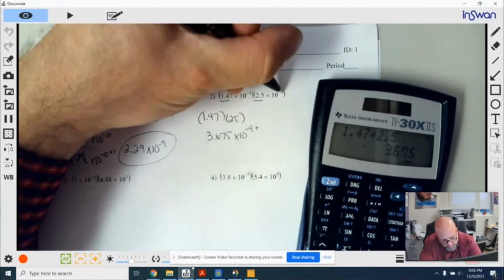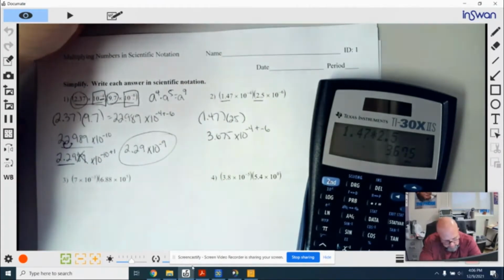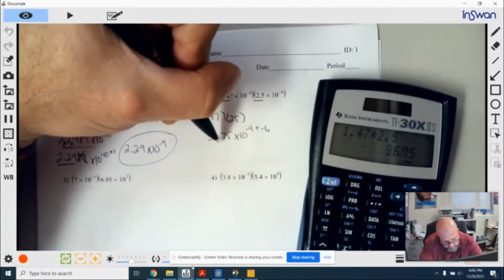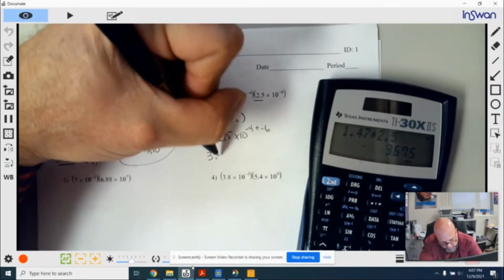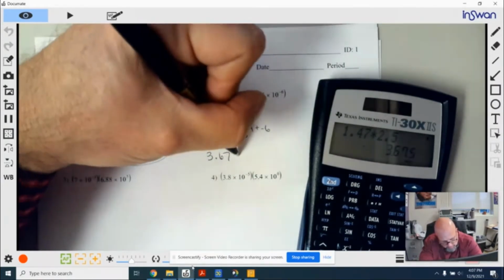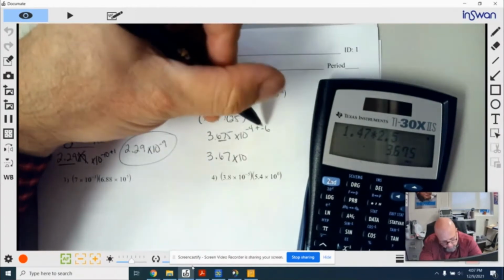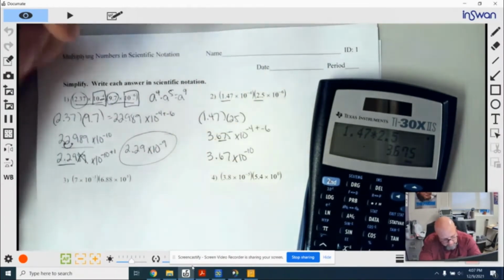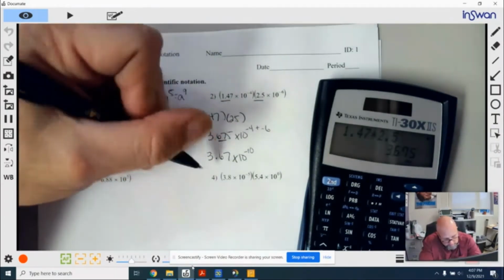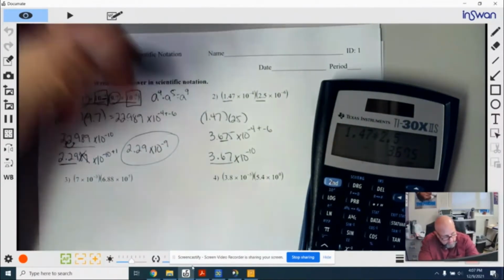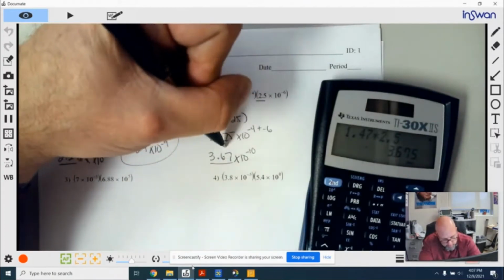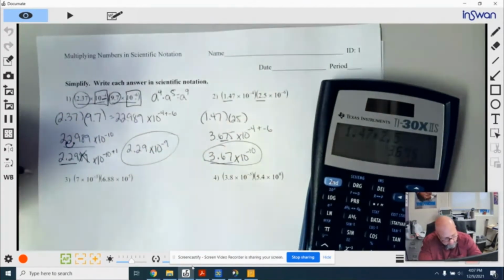I add it to the back power, -6. Okay, so again, I'm only going to write down the 2 after the decimal. So I'm going to say 3.67 times 10, -4 plus -6 is -10. When I check this answer out, I see that it is 1 or more for my base number. It's less than 10. So I don't need to move this decimal at all. It's already in scientific notation.